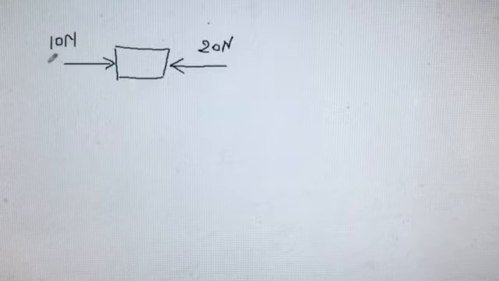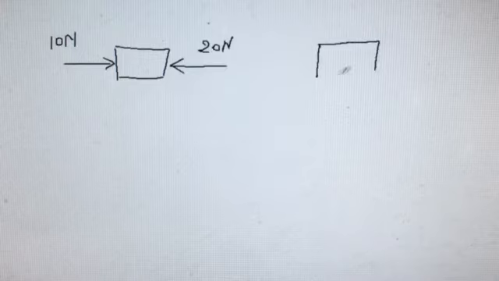Now see here, 10 Newton is applied towards the right side and 20 Newton is being applied towards the left on the body. Here two forces are acting on this body. Now we need to find out their resultant force acting on the body, a single force which can replace all these forces with the same effect.